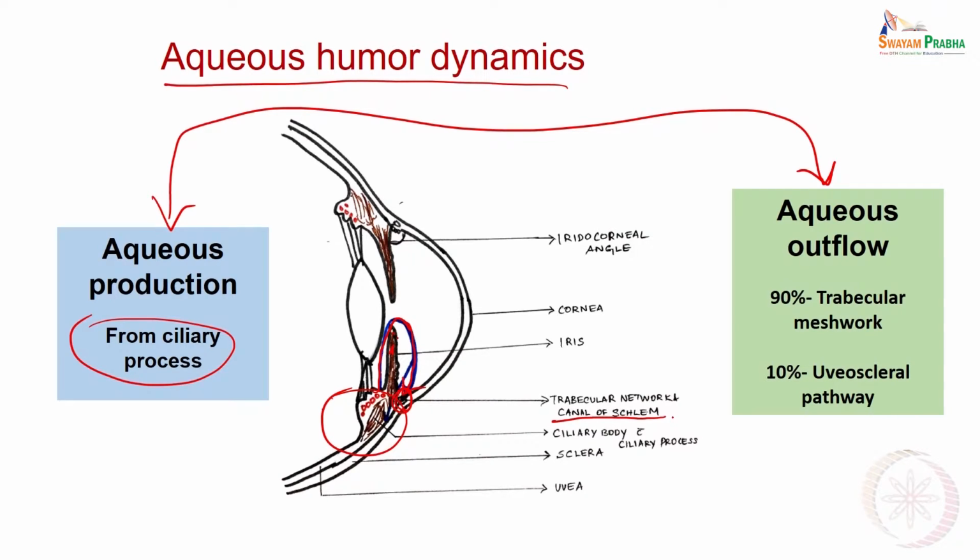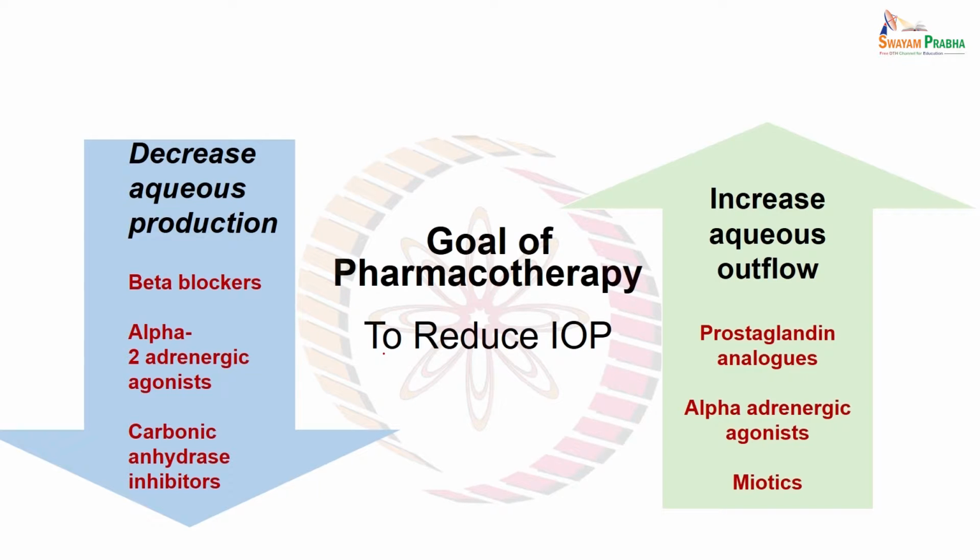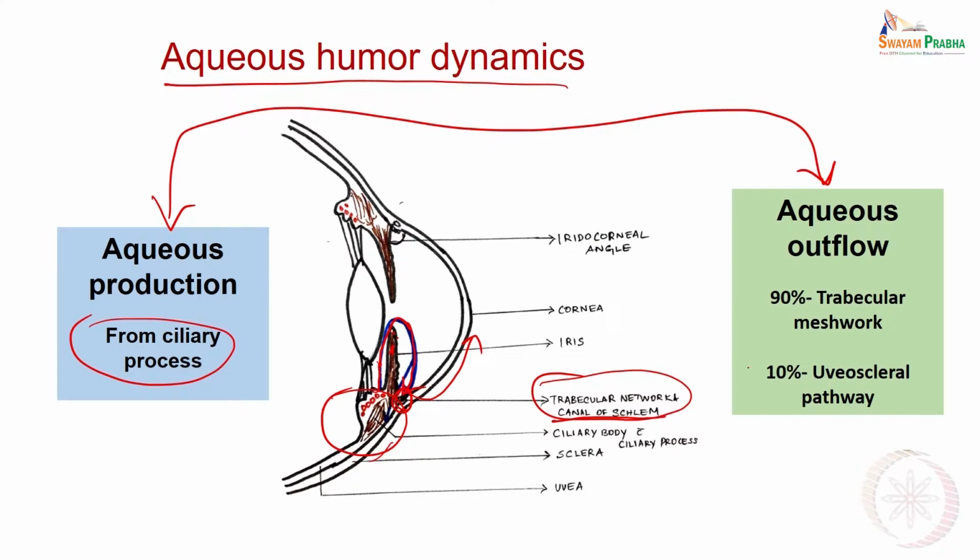When it relaxes, this closes, and from here it comes to cornea and sclera, and that is how 90% of the aqueous humor is drained out by the trabecular network through the canal of Schlemm. If the canal of Schlemm is blocked, it will increase the intraocular pressure. This is 90%, and 10% is the uveoscleral pathway.